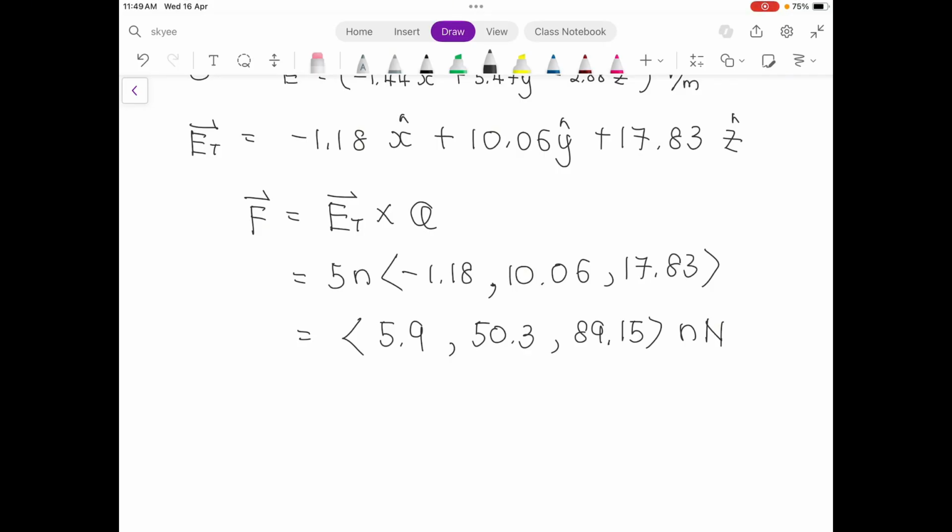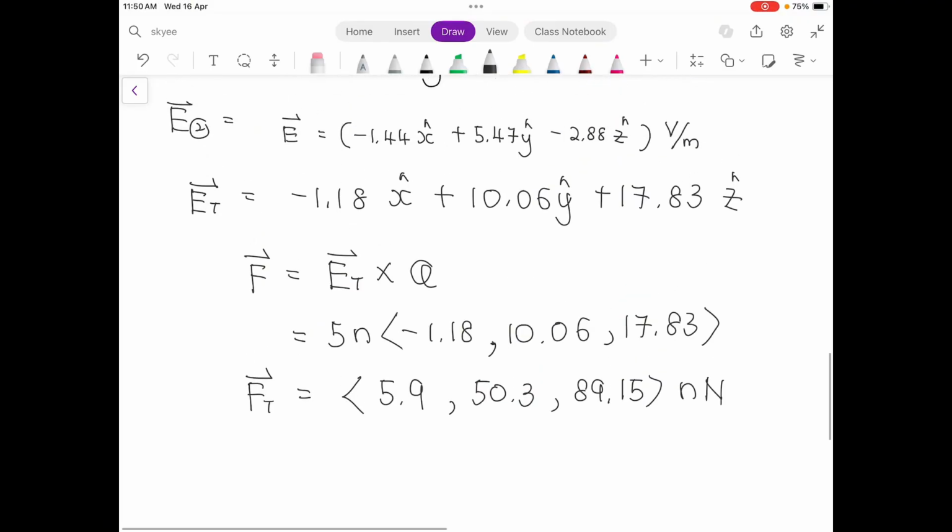And the unit of the force is Newton. So this will be the force that is acting on the point charge.